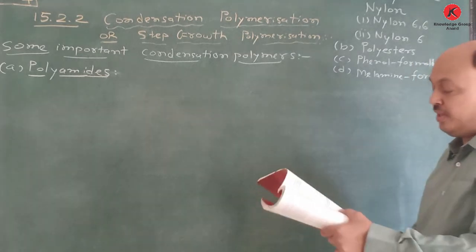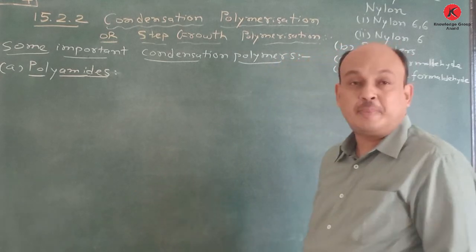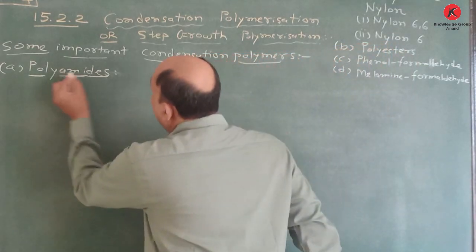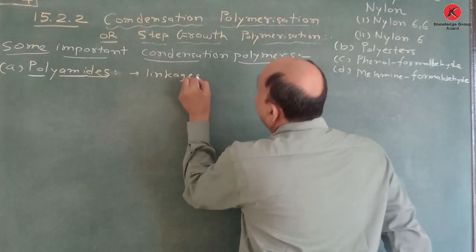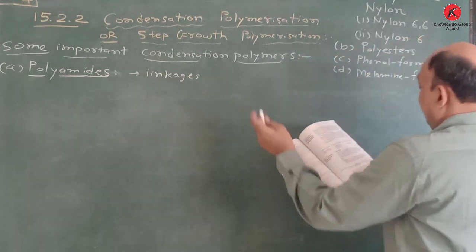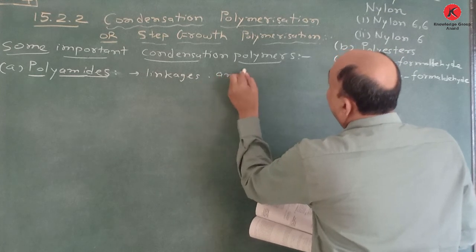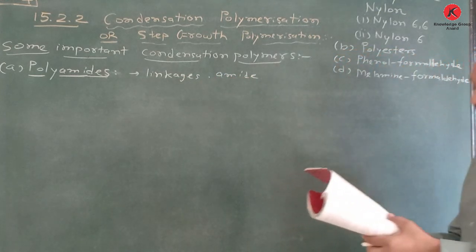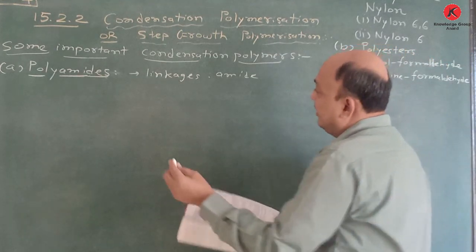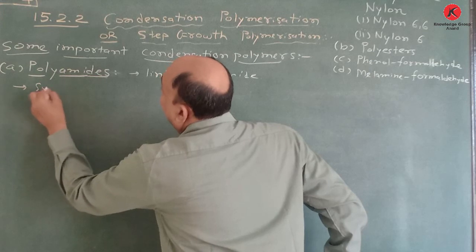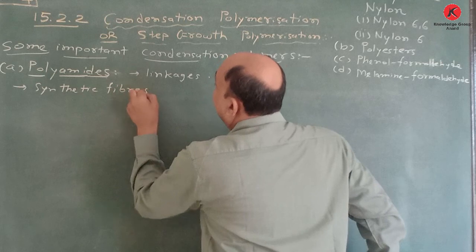But first we learn, according to your NCERT textbook, polyamides. So these polymers possess amide linkage. Remember, the name itself indicates the linkage is which one? The linkage is of amide. Amide linkages are an important example of synthetic fibers.